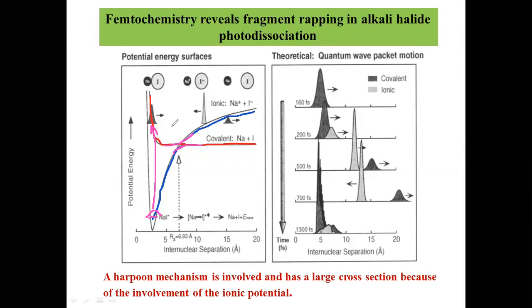So let's say I'm giving this lambda 2. So this is lambda 1, the pump one, and this is lambda 2. Now the delay time is whatever time it takes up to this.